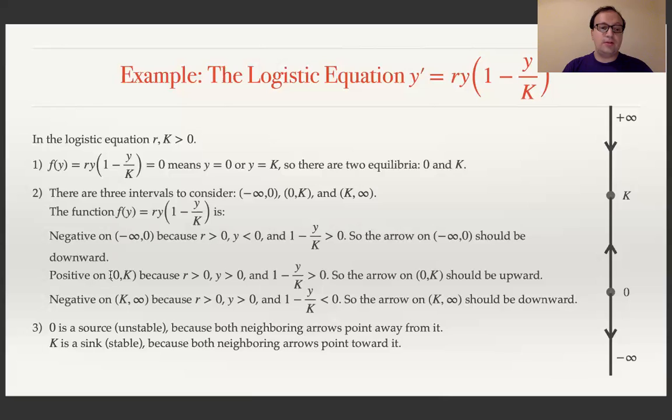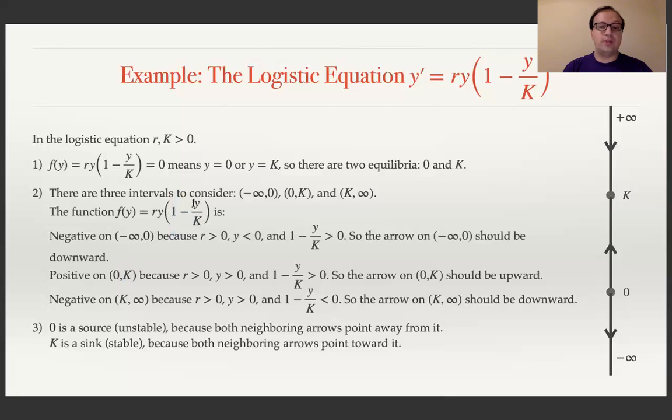Next, let's look at the interval 0 k, where we have, let's see. So r is positive again. Now y is positive because it's between 0 and k. And 1 minus y over k is again positive because y being between 0 and k means that y is less than k.